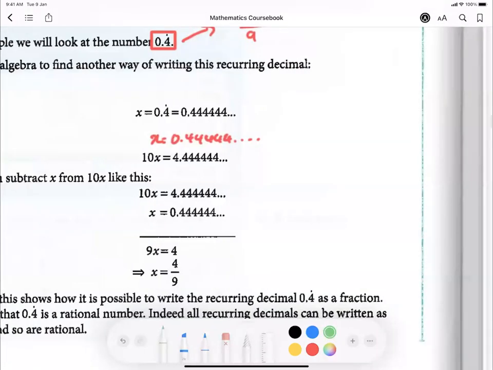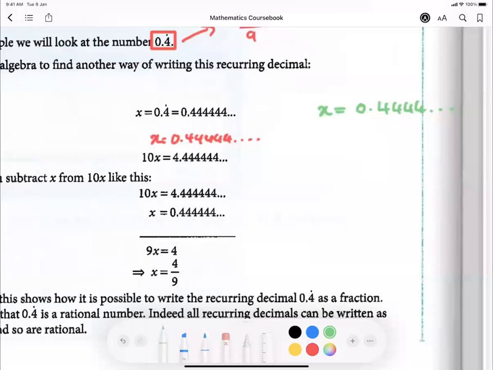I normally put only 4 decimals, depending on how many times it repeats. If it repeats 1 time, meaning 0.444, I just put 4. If it repeats 2 times, I'll just put 4 as well. If it repeats 3 times, I'll put 6, meaning 6 decimal places. So here, if it is 0.4444, I'll just put it this way. So x is equal to this.